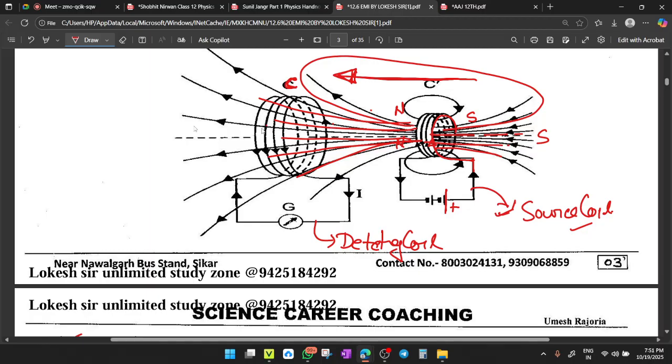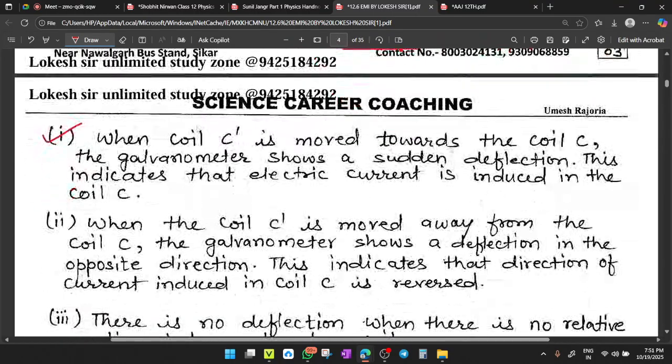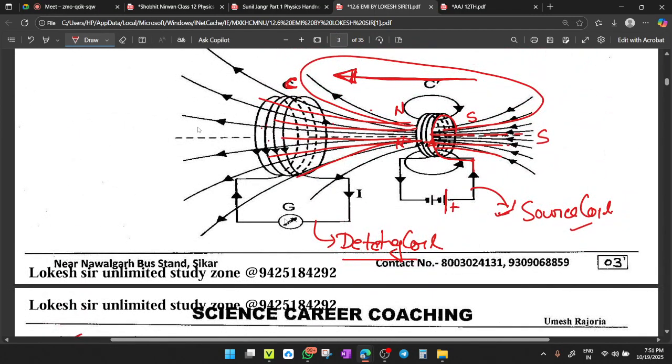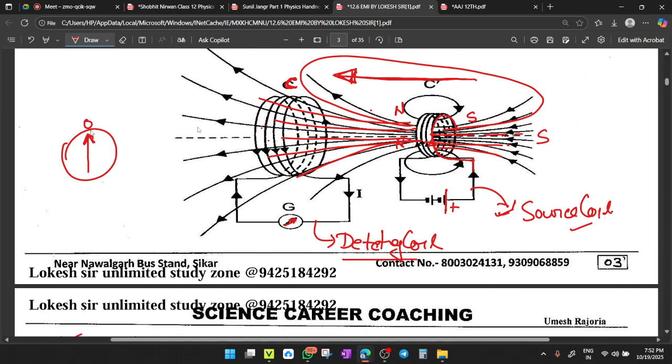So there is an increase in flux related to the second coil, or you can say test coil, detector coil. So the galvanometer shows a sudden deflection. This indicates that an electric current is induced in the coil C. Initially the galvanometer is pointing at 0, but as you bring this coil nearer to the neighboring coil, your deflection will be there.